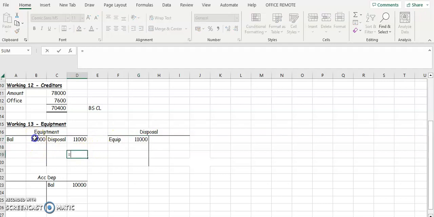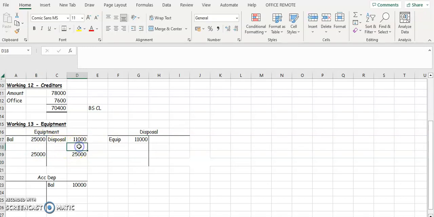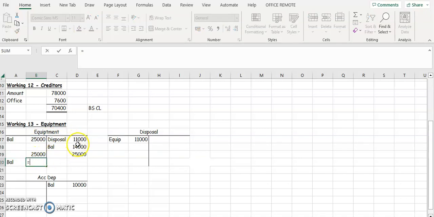Now we can balance off our equipment because we don't have any more transactions to go in. So the value of our equipment is now 14,000, and that's the figure that goes into our balance sheet as a tangible asset for office equipment.